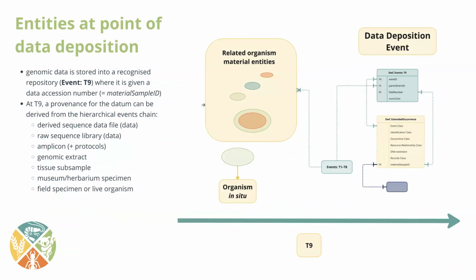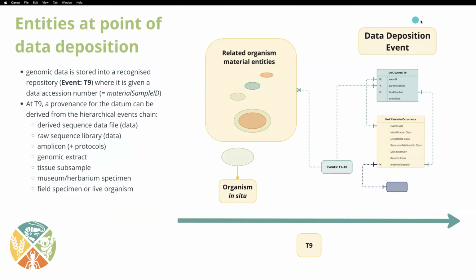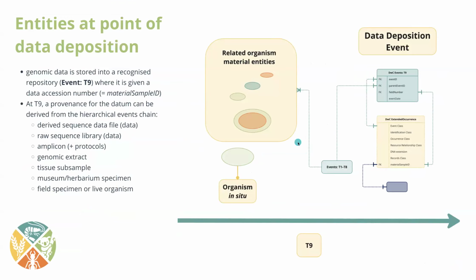To continue along, obviously, we go through all of those stages along the timeline, and you end up in the final stage here at data deposition, where you can see that a piece of data can actually be related to quite a number of material entities. And then there's still an organism that has just been existing in time and space, regardless of whether we're observing it or not.